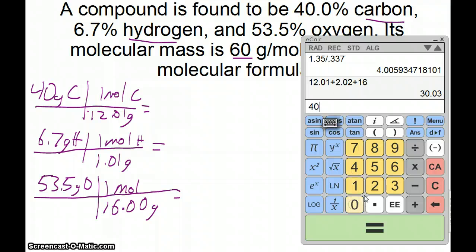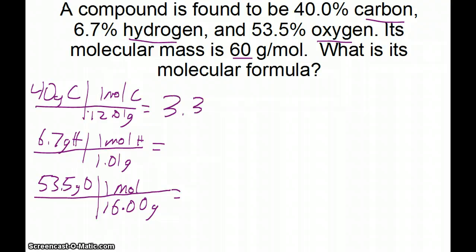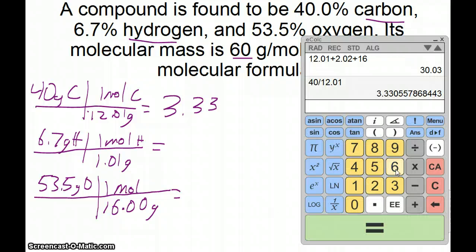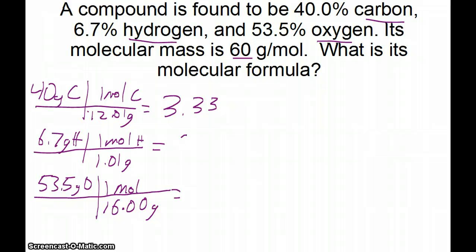So 40 divided by 12.01 equals 3.33. Okay, then our next one is going to be 6.7 divided by 1.01, and that'll be 6.63.